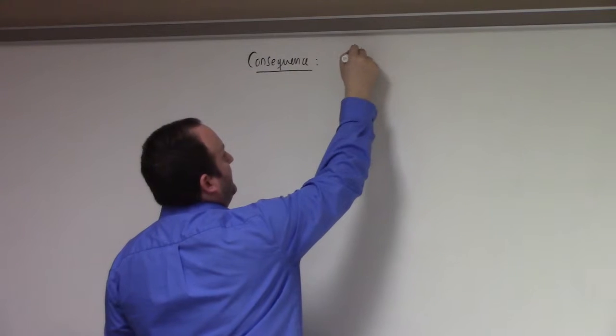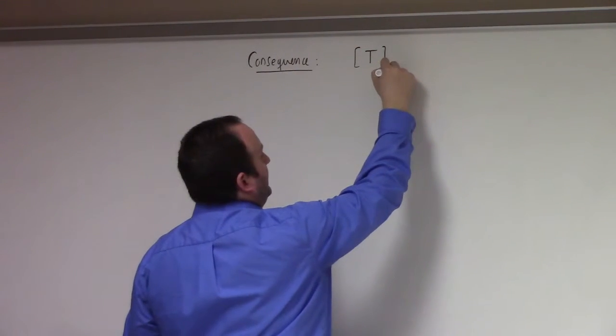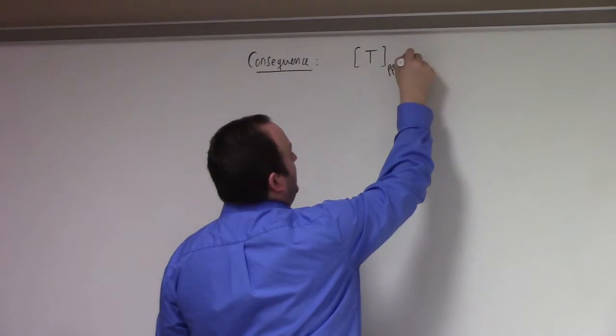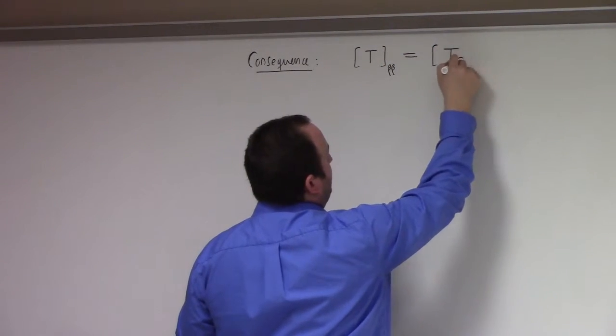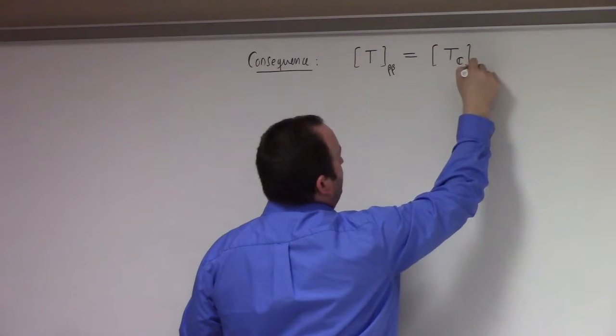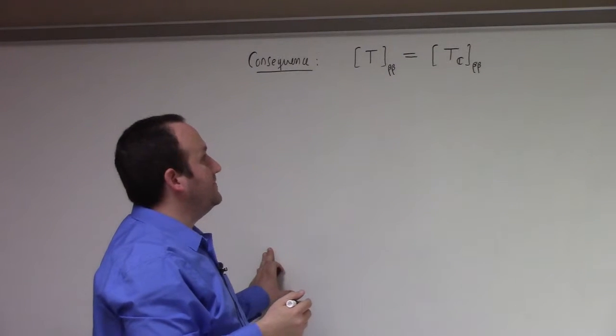I can look at the matrix of T with respect to the beta basis, and that will be equal to the matrix of the complexification of T with respect to the beta basis. And that makes sense to talk about that, right?